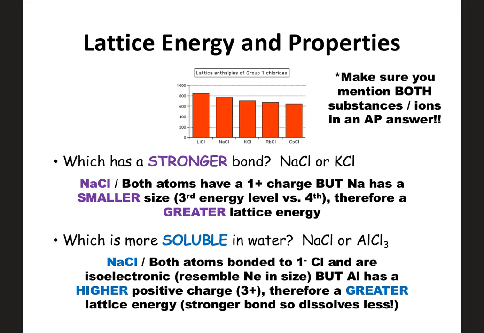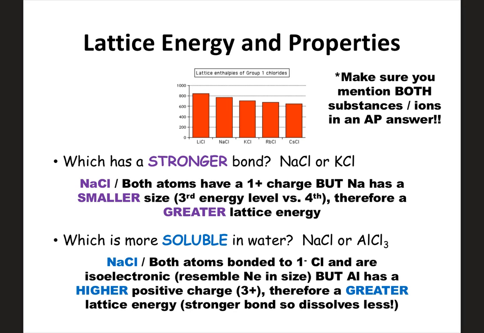So it's not going to come down to size, and it's not going to come down to the chlorine 1 minus. It's going to come down to the difference in charge between the sodium, which is 1 plus, and the aluminum, which is 3 plus. The aluminum has the greater charge, therefore the greater attraction. So if the aluminum has the greater attraction, the stronger bond, and the higher lattice energy, it's not going to be as soluble. It's not going to want to come apart as easily.